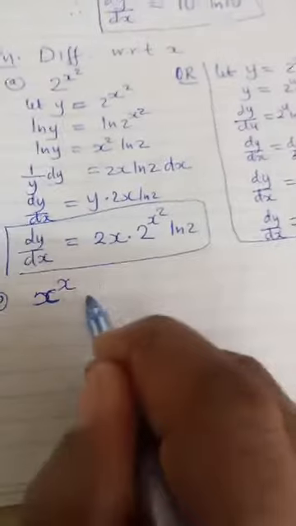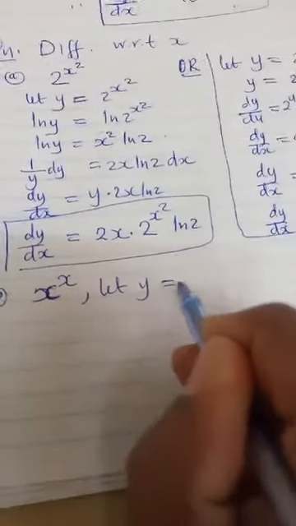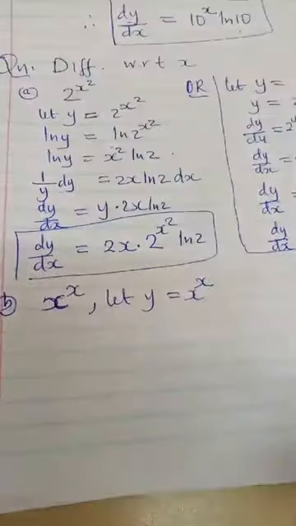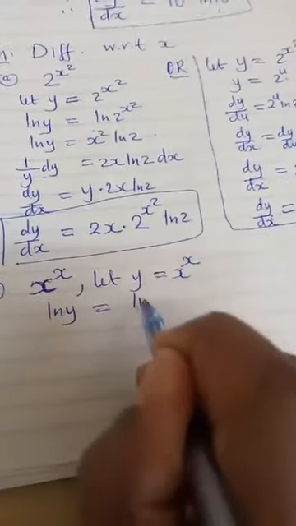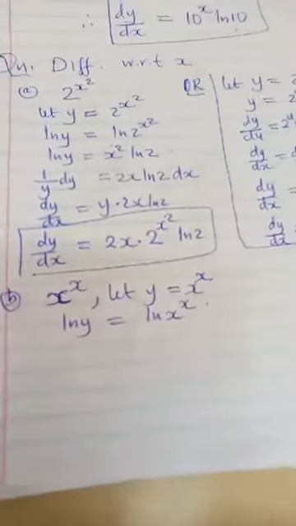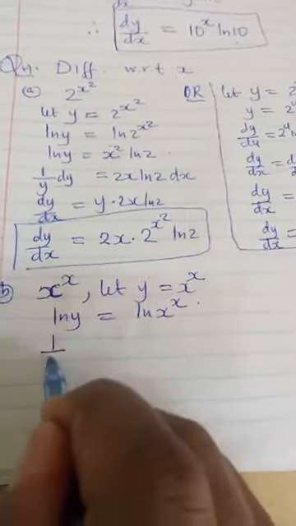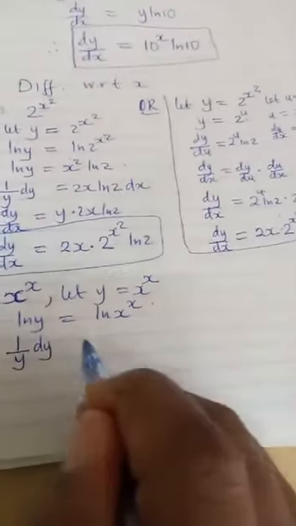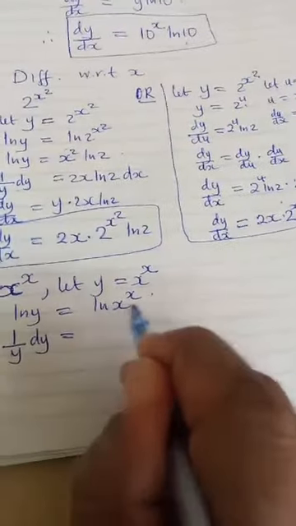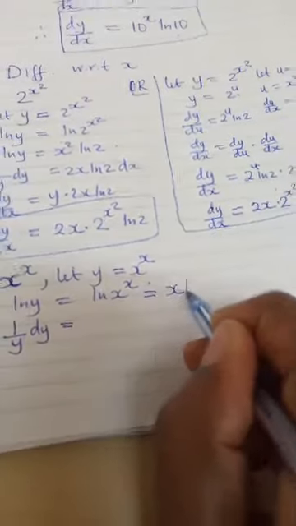As we have said, we let y be equal to x to the power x, and we take natural logs. If we take natural logs, ln of y is ln of x to the power x. Now, this is what happens. If we differentiate this, we have already seen we get 1 over y dy. And this is the same as, by the way, x ln of x.